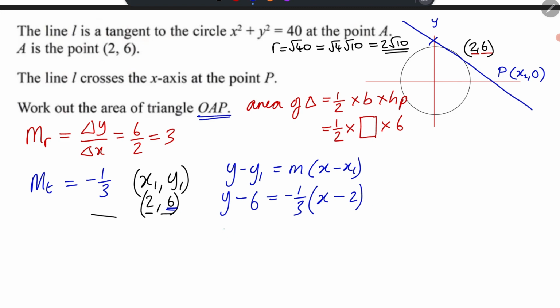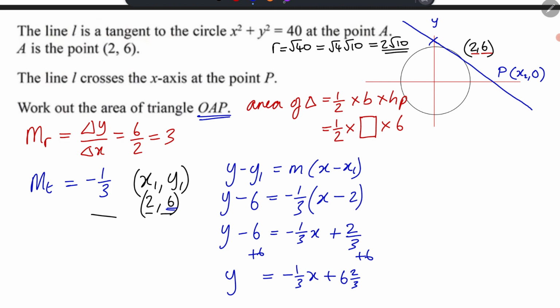Expand the brackets out and rearrange and simplify. So y minus 6 equals negative 1/3 x. And then negative 1/3 times negative 2 is going to be positive 2/3. We're going to add 6 to both sides. So plus 6 plus 6. So y is equal to negative 1/3 x plus, and then we'll just leave it as 6 2/3 for now.